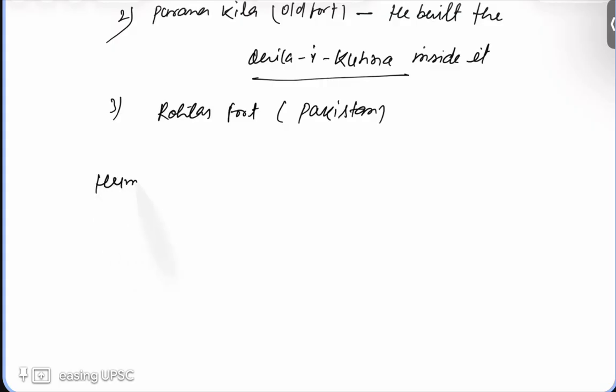Tell me. Chausa? No, he lost at Chausa. Kannauj? No, he lost at Kannauj too. Anybody, any idea?